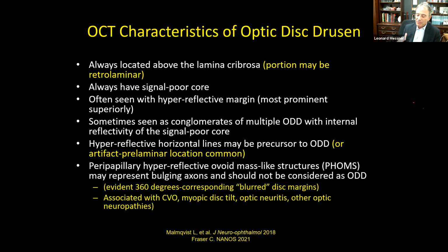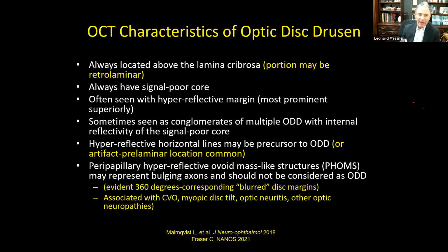There may be some component of the drusen that is dipping below, but by and large, the majority of the drusen bodies are going to be situated above the lamina cribrosa. Point number 2, drusen always have a signal poor core. And I'll show you some examples of these ovoid structures with signal poor cores.